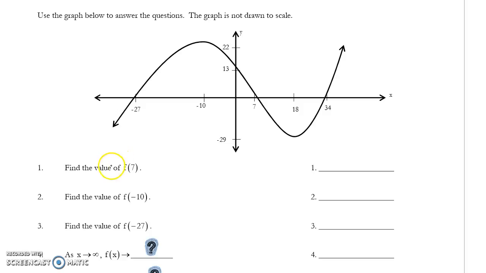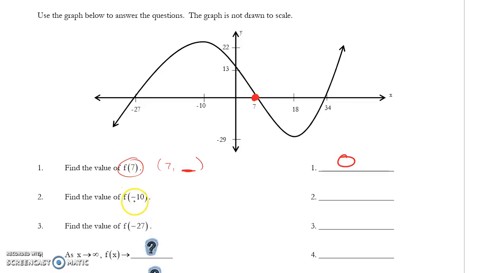First and foremost, I want us to talk about a problem like this. This is a way of asking you, I want this ordered pair. Fill in that blank. At 7, now the graph kind of got skewed when I printed this, but that should be right at 0. We would assume that that's a 0. So I could answer this as just 0. As my graph, my function, my x is 7, what's y?